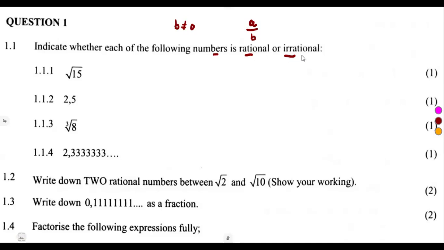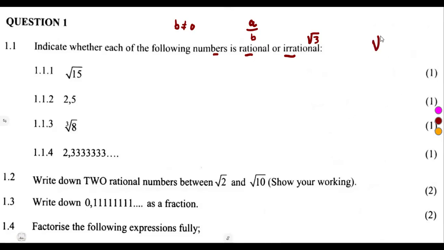Irrational numbers, those are the ones that if you are to simplify, we cannot, guys, evaluate them exactly. We cannot have an exact figure. Those are the square roots of numbers which are not perfect squares. They can be simplified, but they are not perfect squares.